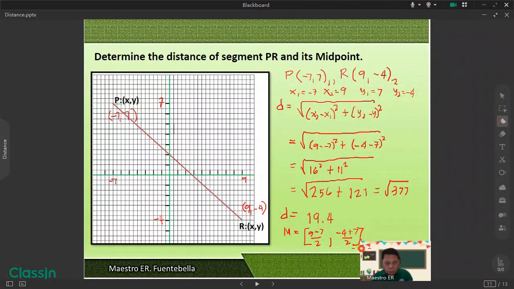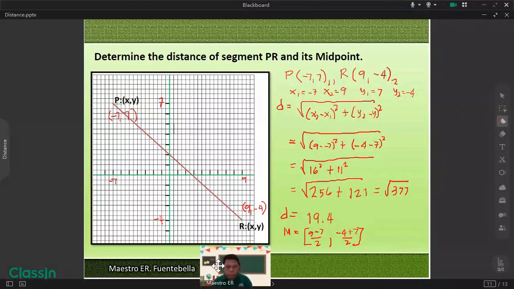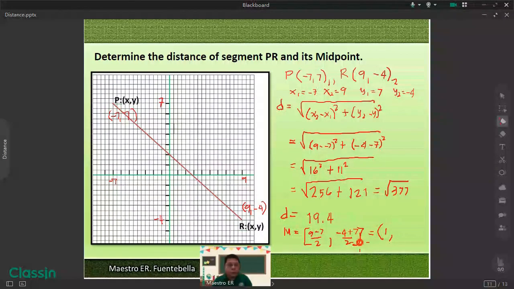Okay. So the midpoint now is 9 minus 7 is 2, over 2 is 1. And negative 4 plus 7 is positive 3, over 2 is 3 over 2, or 1.5. Positive 1.5.